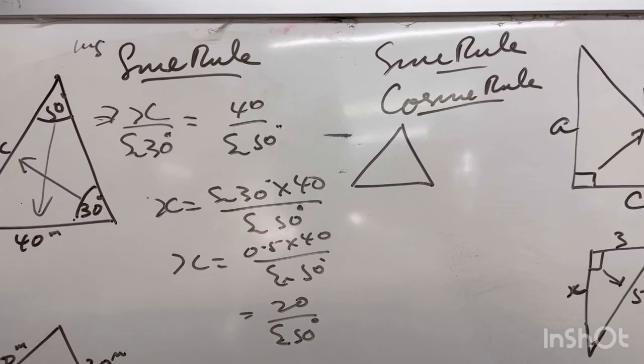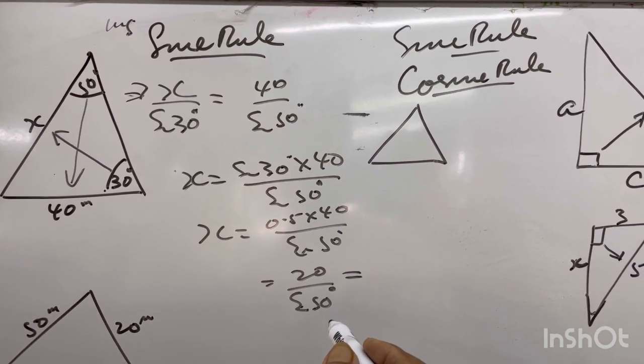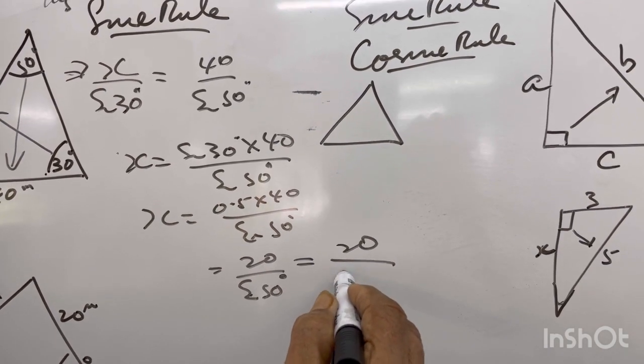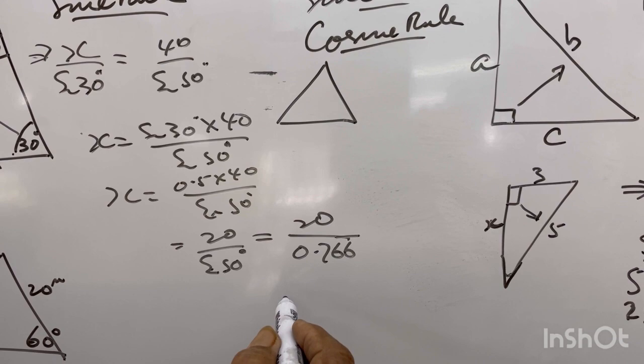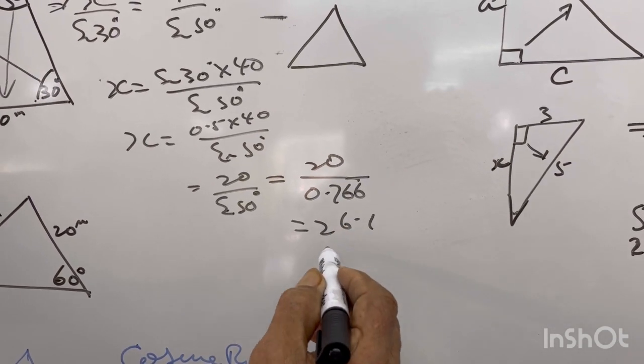Sine 50 degrees. And that's equal to, if I would use a calculator, I would get 20 over 0.766. And when I work it out, I will get something like this, 26.109.